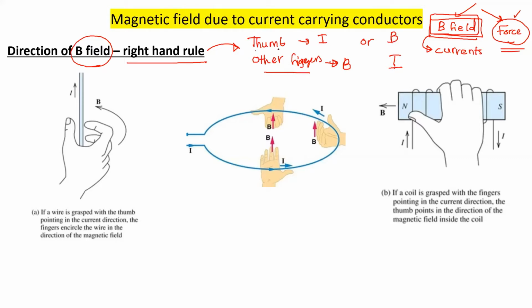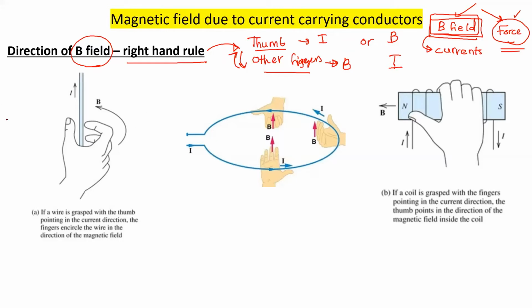In other words, you can interchange between the two. Whatever is left after you choose to show current will show the B field.